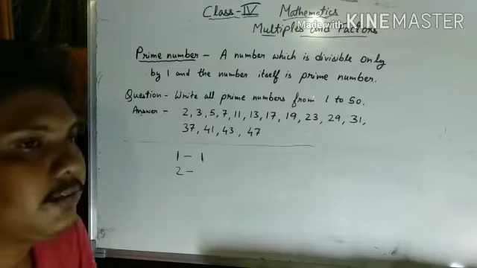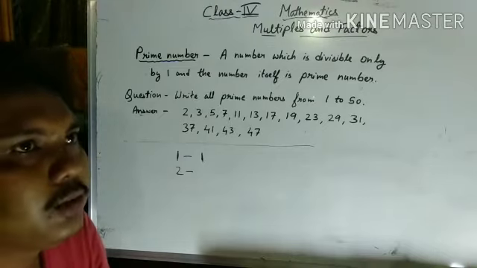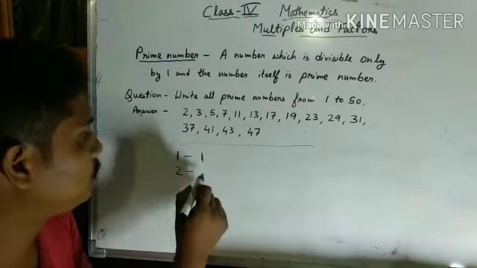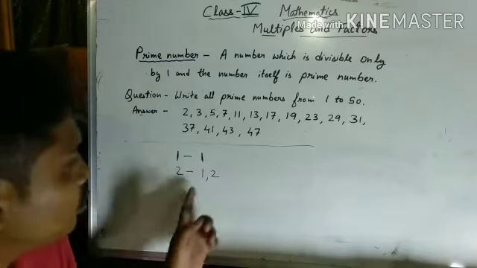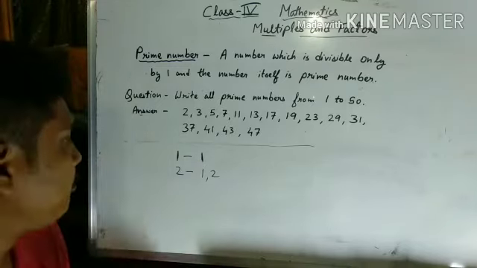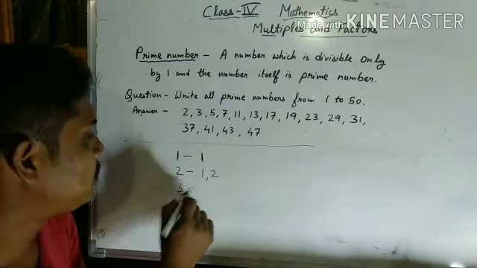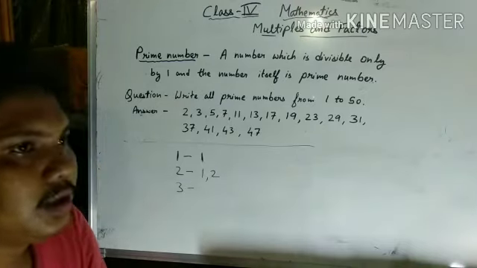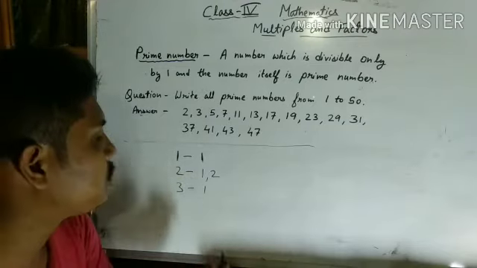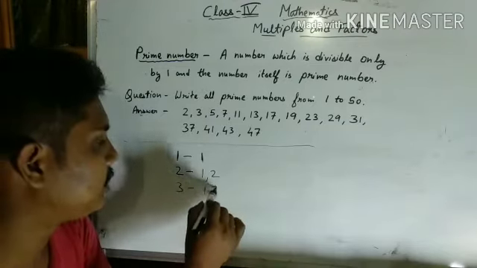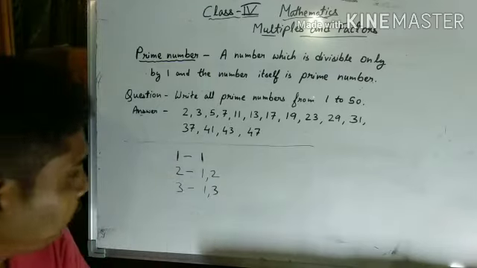Which number can divide 2? 1 can divide 2 because 1 2s are 2. 2 can also divide 2. So 1 and 2 only can divide 2. Next, suppose 3. Which number can divide 3? So 1 can divide 3, 1 3s are 3. 3 can also divide 3, 3 1s are 3, and there is no other number.